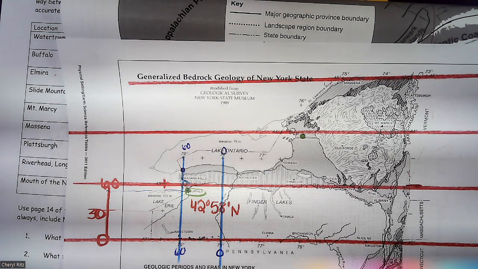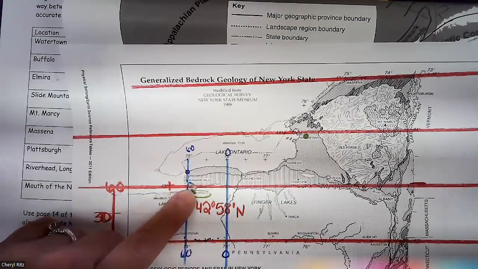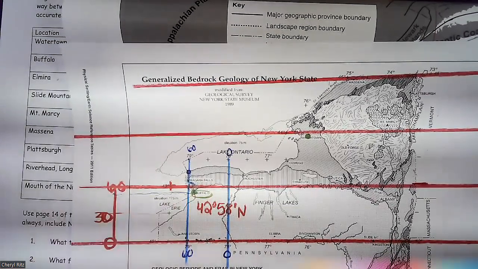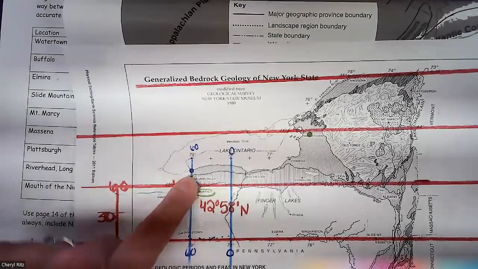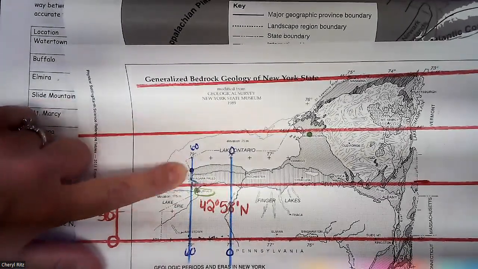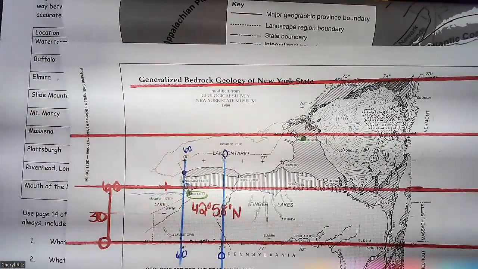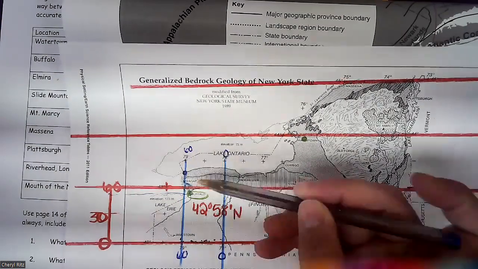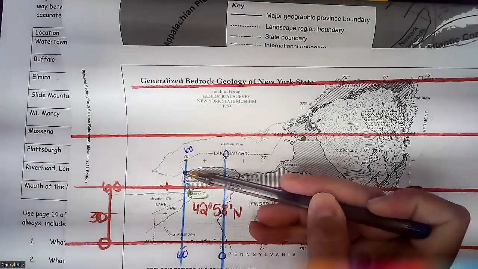Okay, so remember, we don't do decimals. And it's not at 42. 42 is down here. Were you looking at Buffalo again? Oh, yeah. 43. Okay, so here's the mouth of the Niagara, not even Niagara Falls. We're going more north than Niagara Falls, all the way up to where it empties into Lake Ontario.